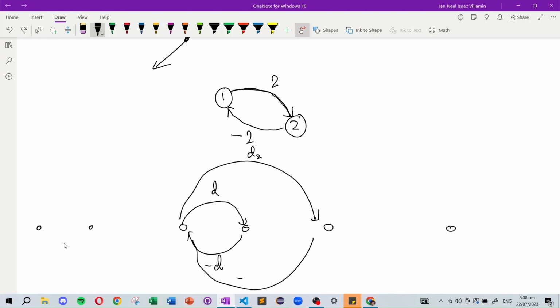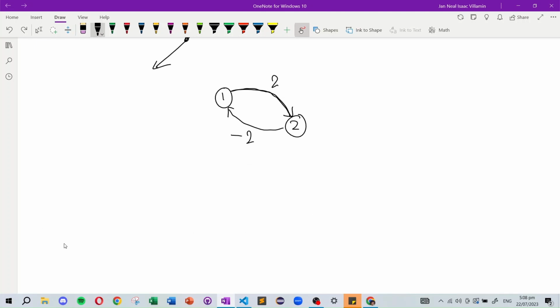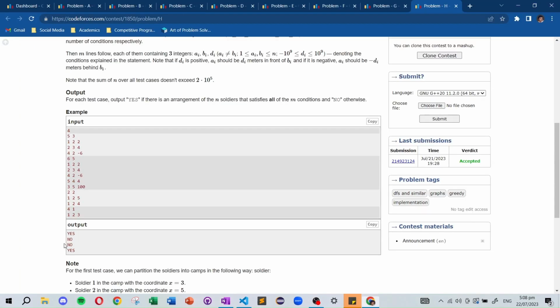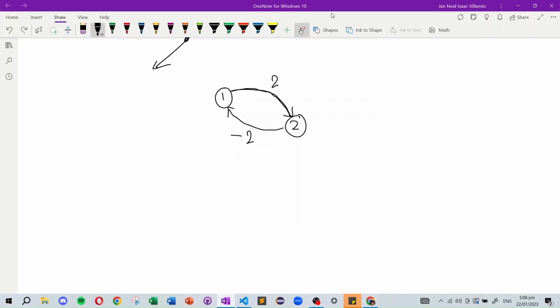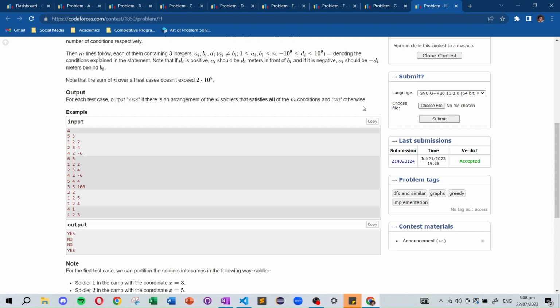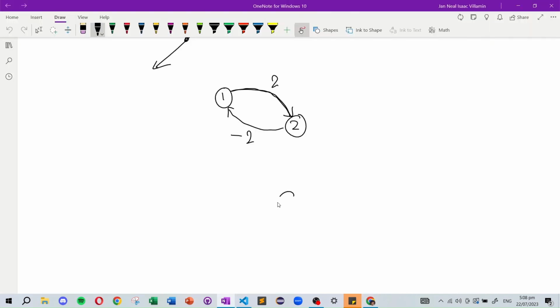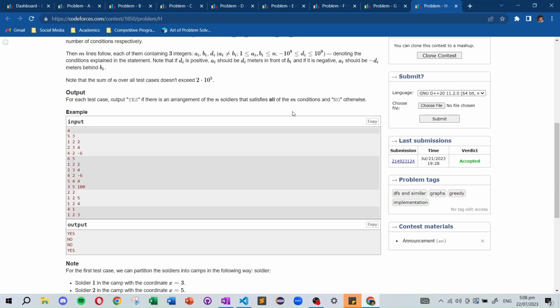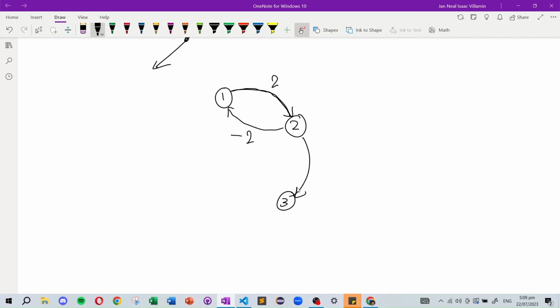It's a graph representation, but we can simply draw it this way. So that's from 1 to 2, and then 2 and 3, a connection with weight of 4 and then negative 4.